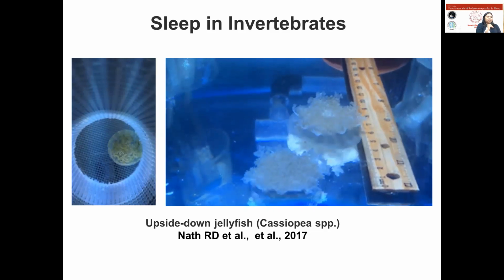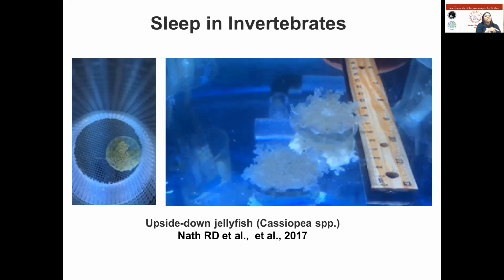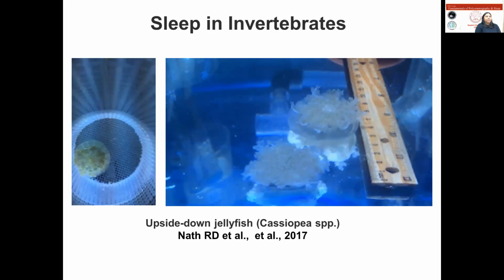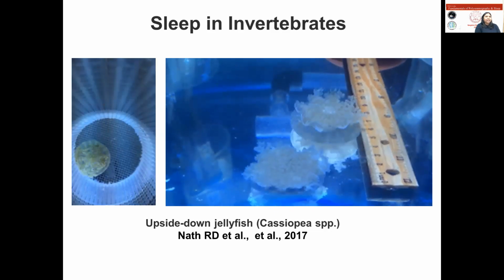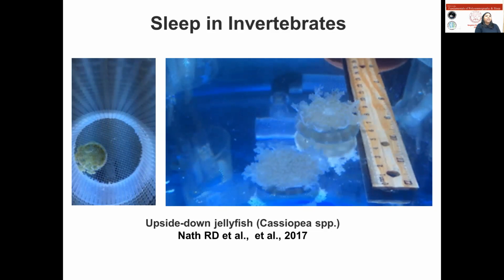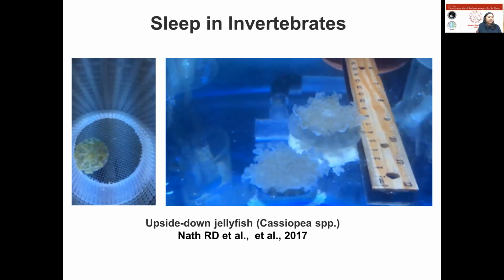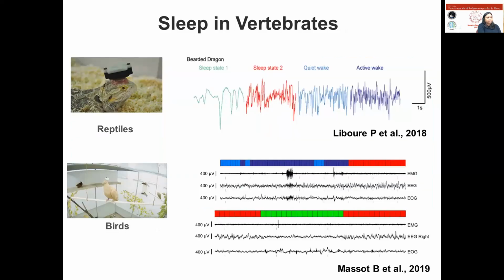In jellyfish, it is imaged in a microscopic setup where the change in pixels is quantified and mapped. It is shown that during the daytime, the activity of the animal is more as compared to when the jellyfish was observed during the night.